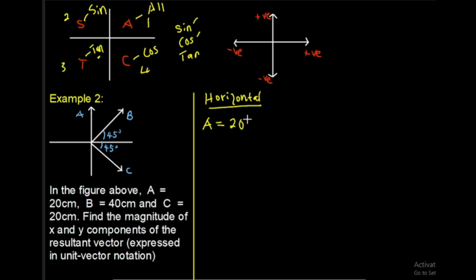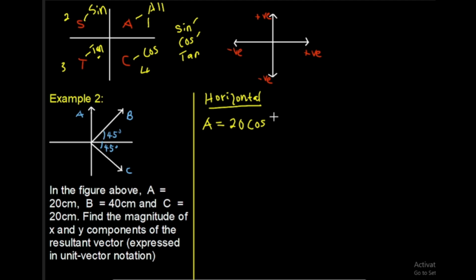We are resolving horizontally, so we say cos. Now, what's the angle vector A makes with the horizontal? This is our horizontal here. From vector A to the horizontal, you can see they are perpendicular. Vector A is perpendicular to the horizontal, and as such, the angle it makes with the horizontal is 90 degrees.